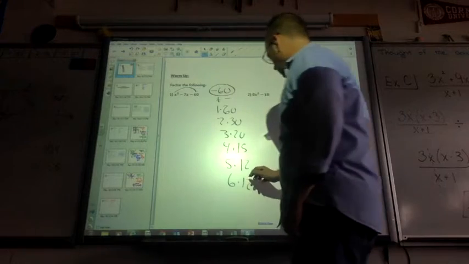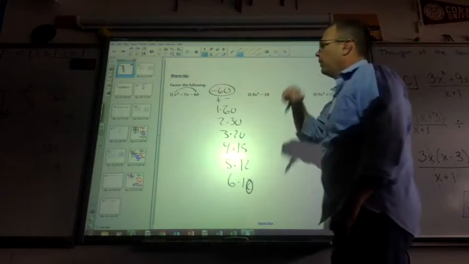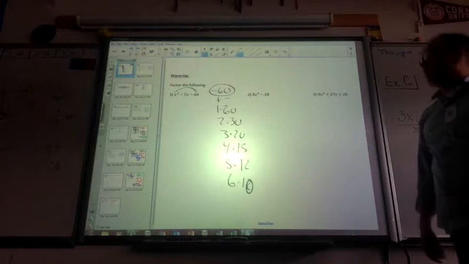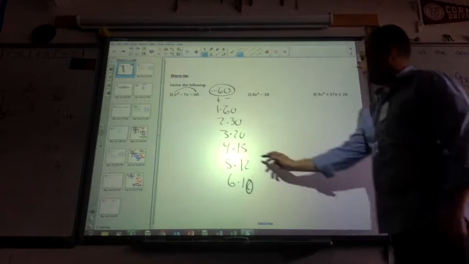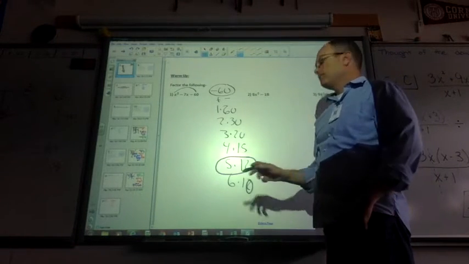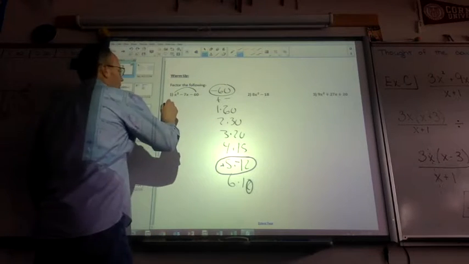All right, we good so far? Of those, one being positive, one being negative, which would add up to negative 7? 5 and 12. Which one's negative? 12, thank you.